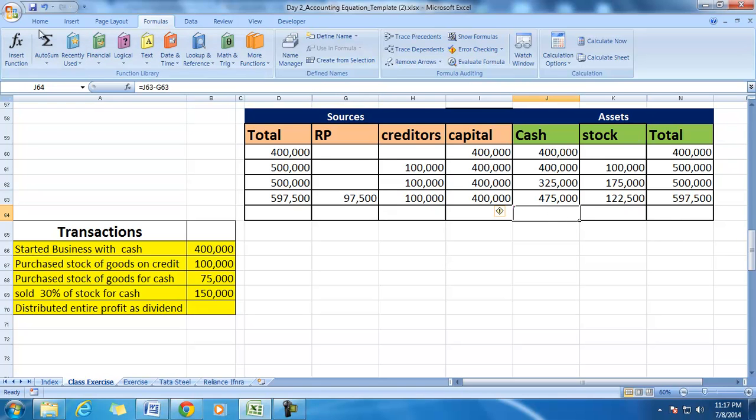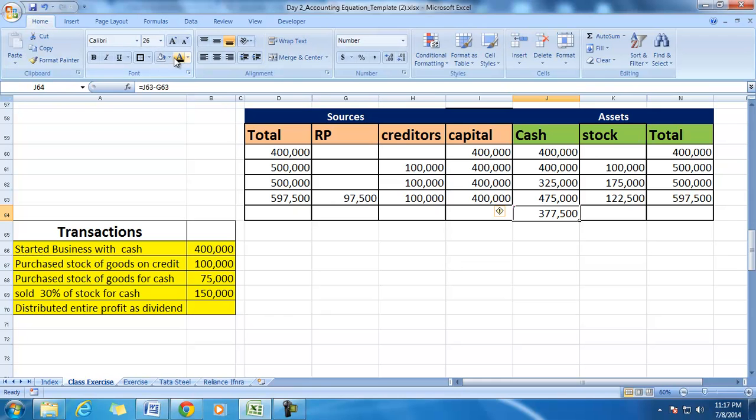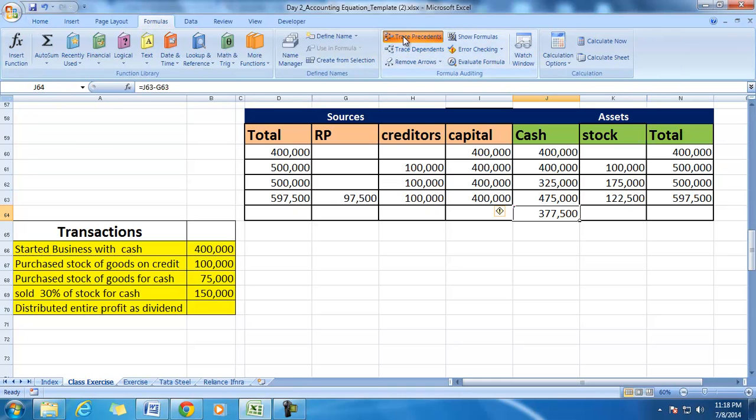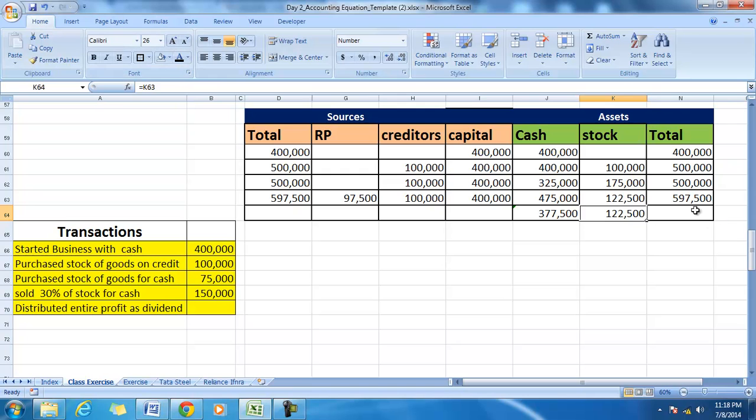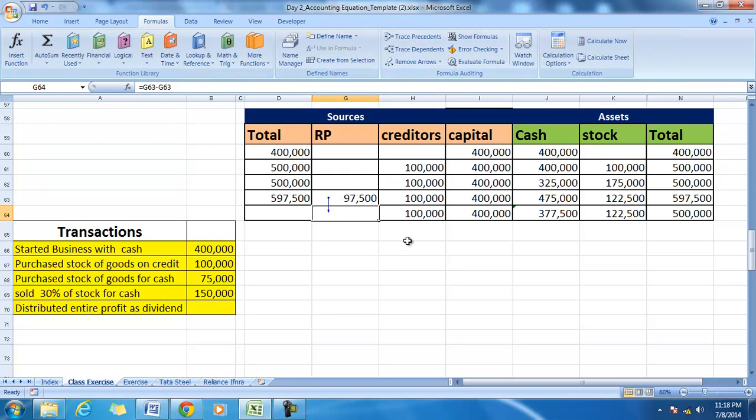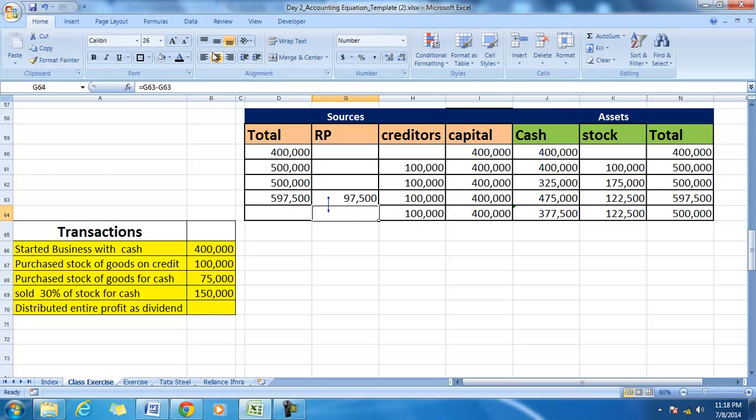Because of the dividend, cash reduces to the extent of the amount of the profit. No change in the stock, so the total assets is 500,000. No change in the capital, no change in the creditor, and now the retained profit becomes zero because the entire profit has been distributed, and so the total of the sources is 500,000.